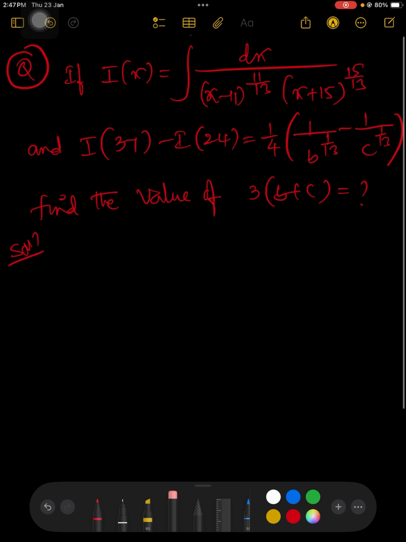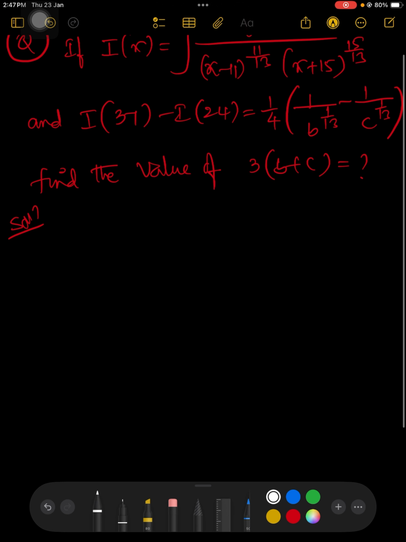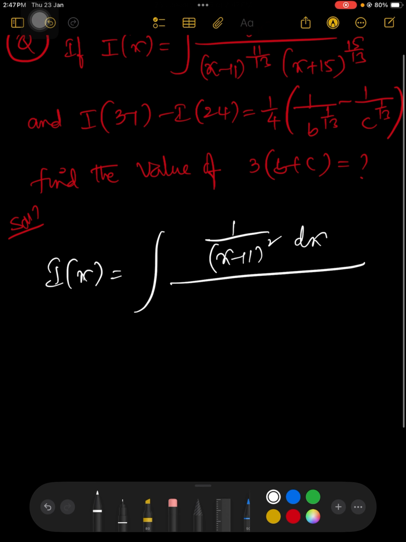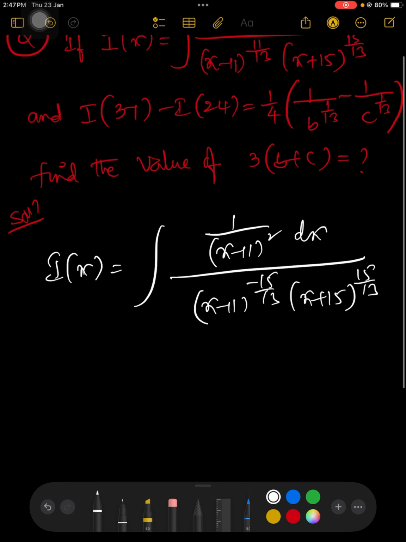The next question we are going to discuss is from integration. It's a standard question only. If I(x) equals the integration of dx by (x minus 11) to the power 11 by 13 into (x plus 15) to the power 15 by 13, then I can write this I(x) as the integration of 1 by (x minus 11) whole square dx, times (x minus 11) to the power minus 15 by 13 and (x plus 15) to the power 15 by 13.